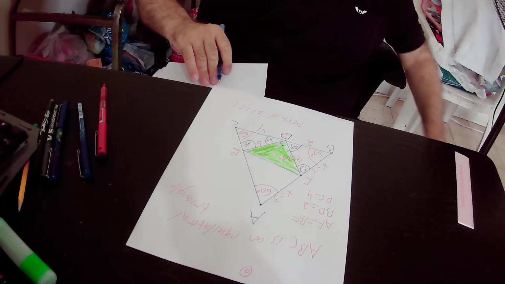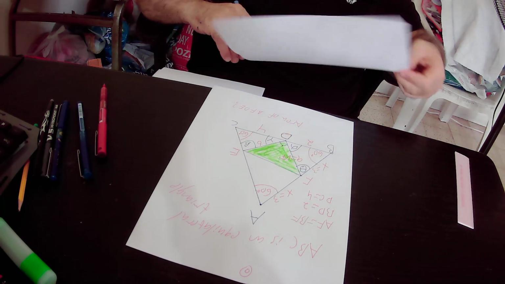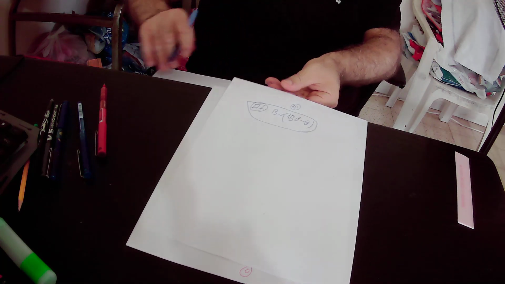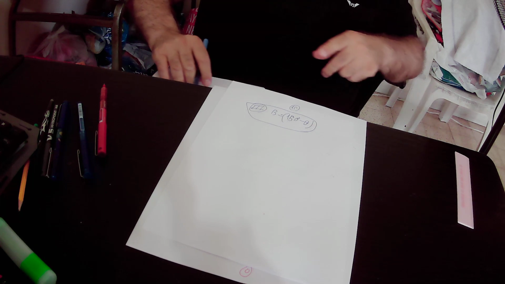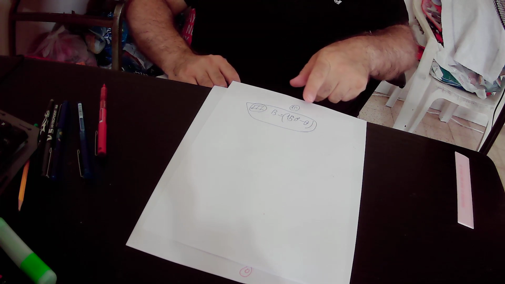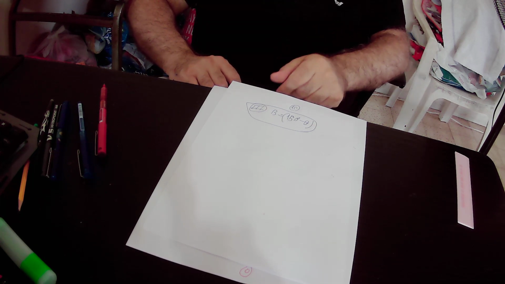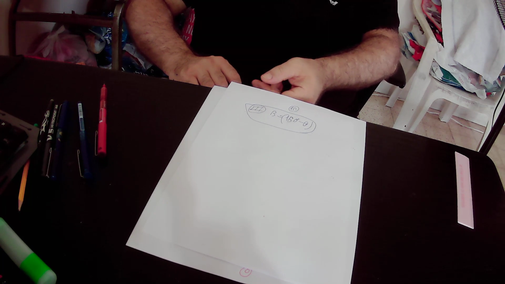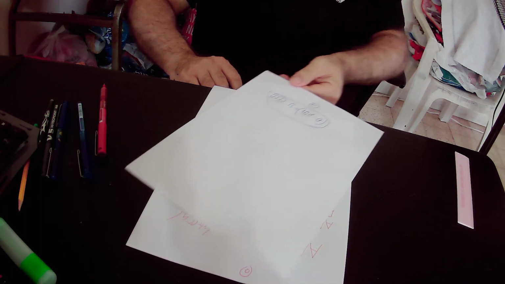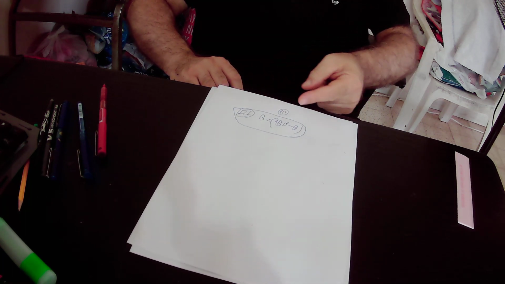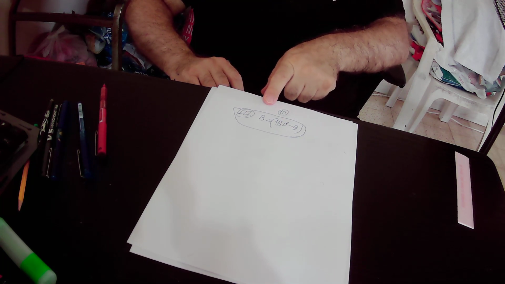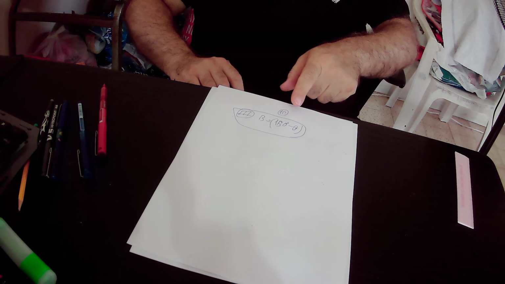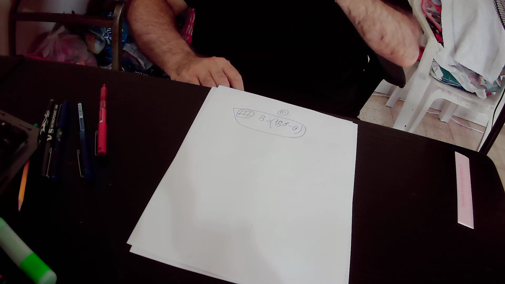Okay. For the third equation we got that beta equals 150 degrees minus theta. But if beta equals 150 degrees minus theta, then sine beta equals sine of (150 degrees minus theta). Very simple.